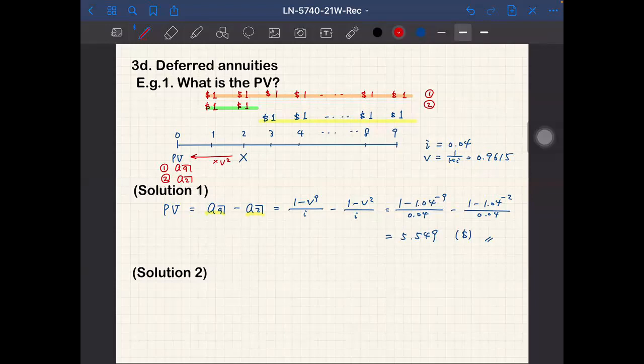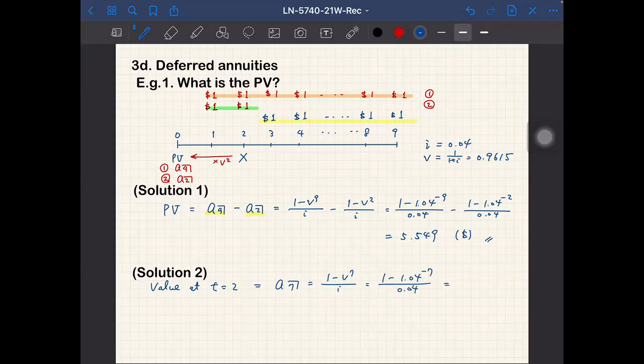So solution 2 is that at first we evaluate at time 2. The value at t equal to 2 is equal to a angle 7. So this is 1 minus v to the power 7 over i, which is 1 minus 1.04 to the power negative 7 over 0.04.